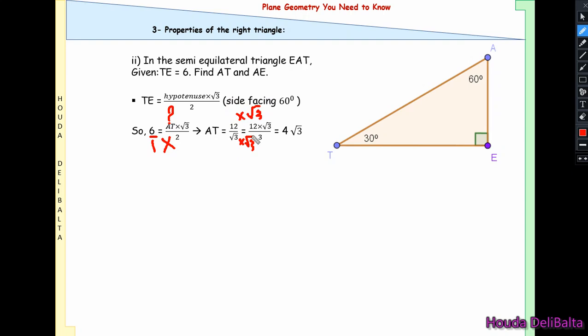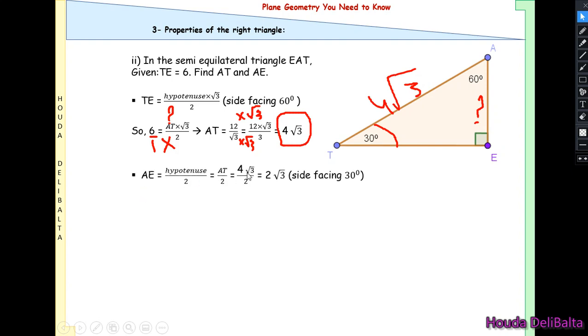So by rationalizing, we are going to get that AT equals 12 radical 3 over radical 3 times radical 3 is 3. 12 by 3 is 4, then definitely AT, which is the hypotenuse, is 4 radical 3. So what about AE, which is the side facing 30? Let's see. AE is then half of the hypotenuse, which is 4 radical 3 over 2, which is definitely 2 radical 3.